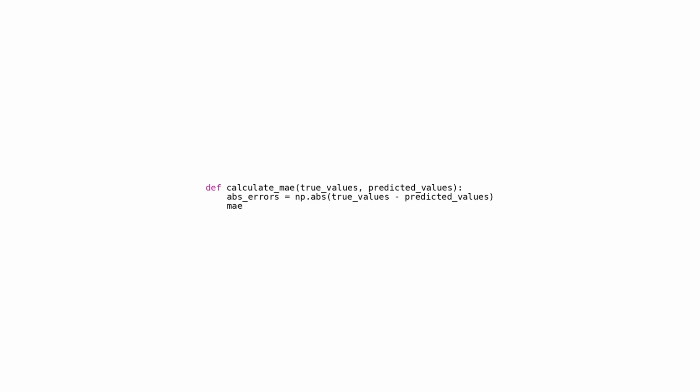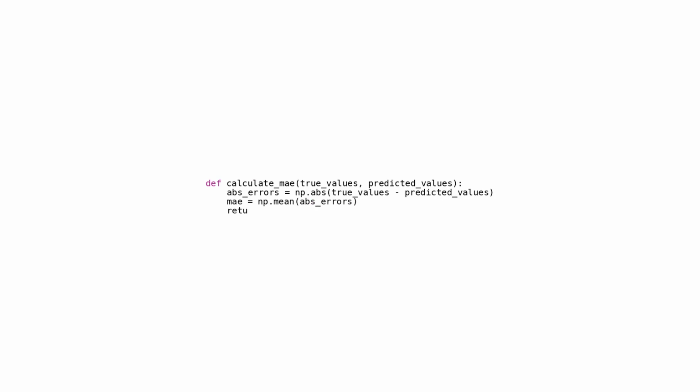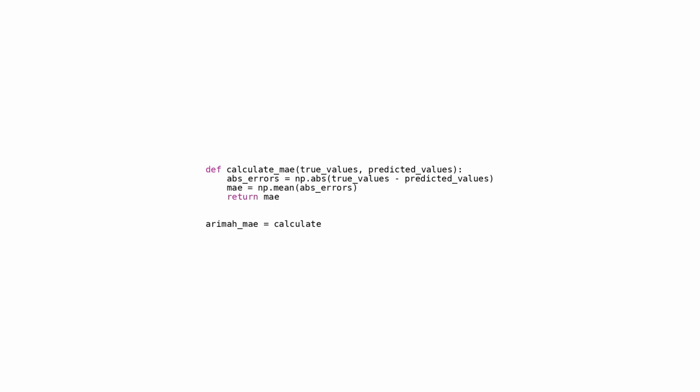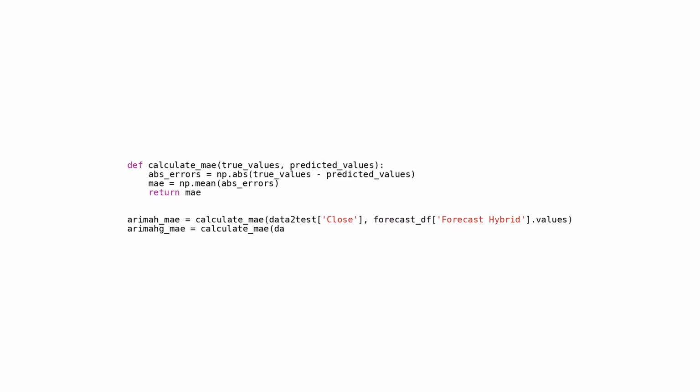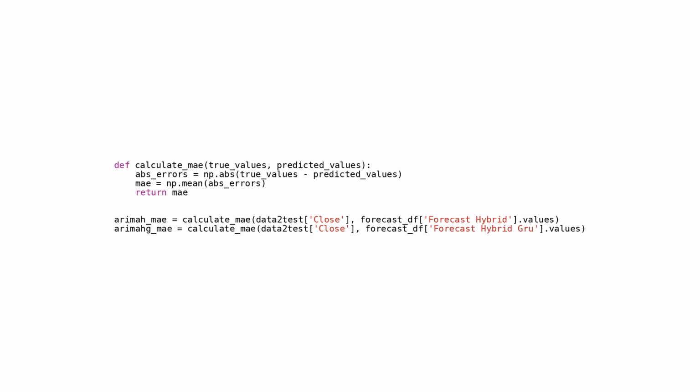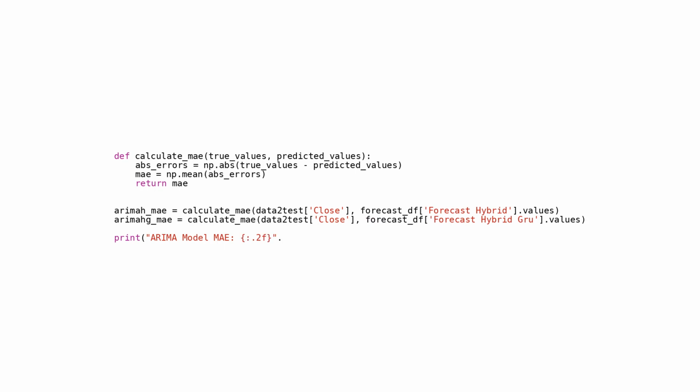The code snippet provided defines a function that calculates the mean absolute error between 2 lists of values, the actual and predicted values. This is a commonly used statistical measure to determine the accuracy of a forecasting model, by calculating the average of absolute errors between the predicted and true values. The function is then utilized to find the MAE for 3 different forecasting scenarios.